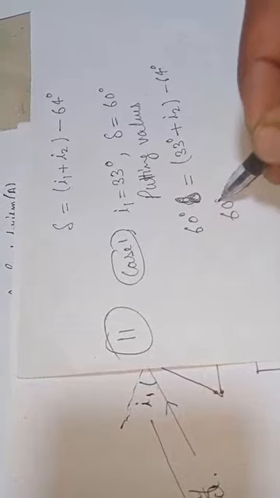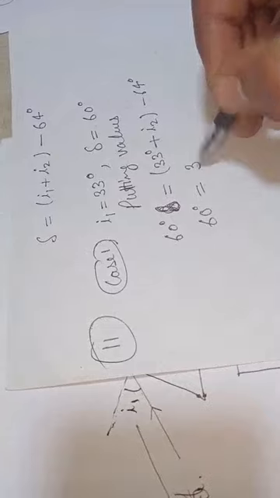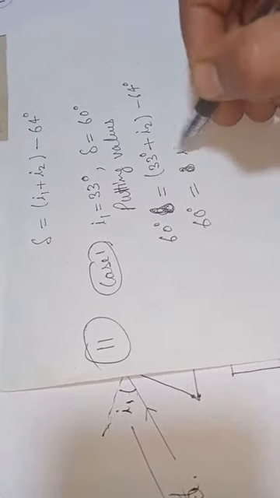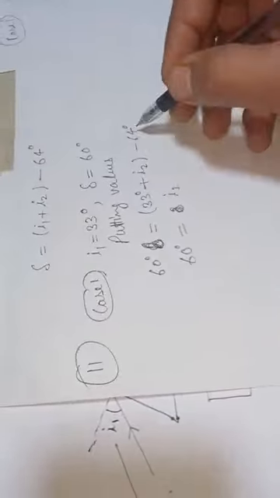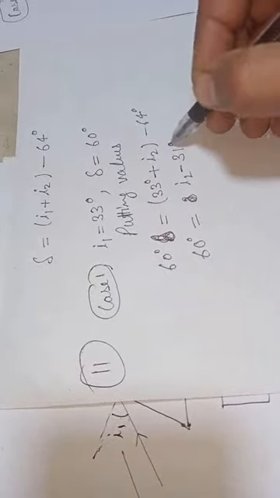Then I2 minus 64 minus 33 equal to 31 degrees, and it will become I2, the angle of emergence, 60 degrees plus 31 degrees, equal to 91 degrees.